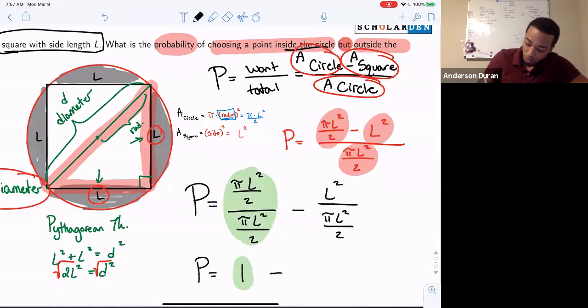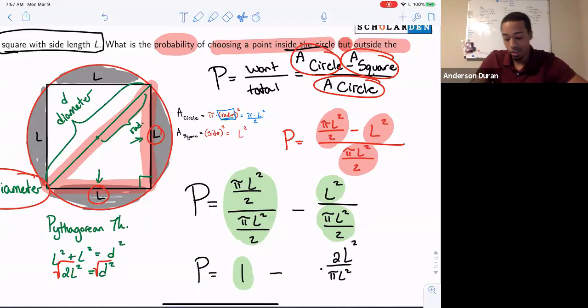Now I'm going to subtract, and over here, when we have a fraction divided by a fraction, what we will do is keep, change, and flip. Keep the numerator, change the symbol to multiplication, and then flip my denominator. So that would be 2 over pi L squared. And so to make this look a little easier, you'll move this over here. And what's going to cancel out on that right side?